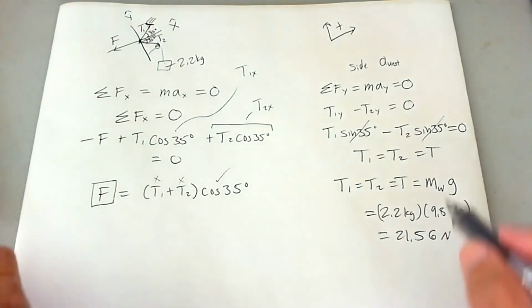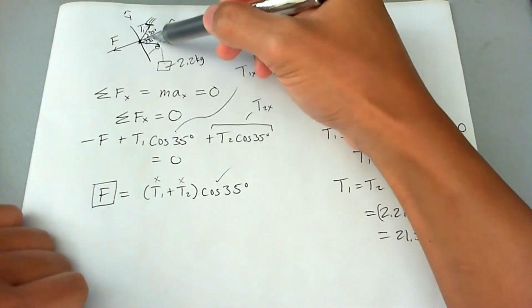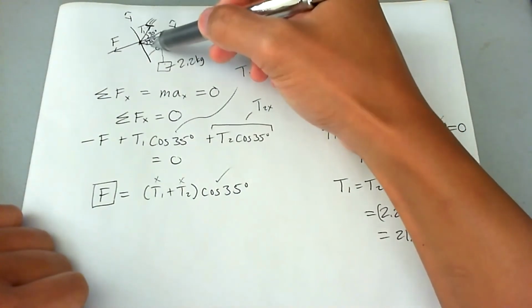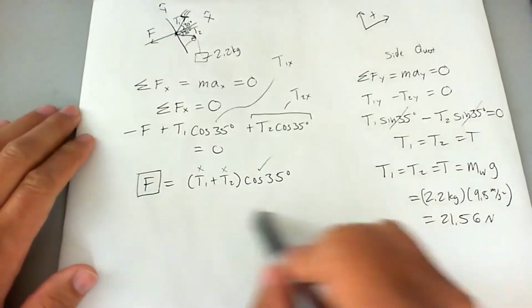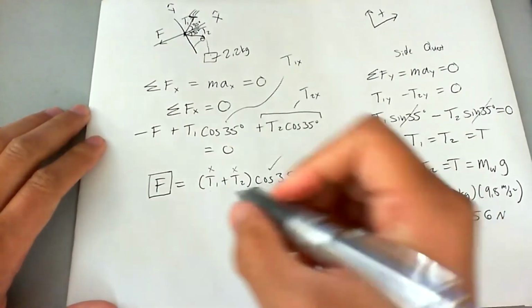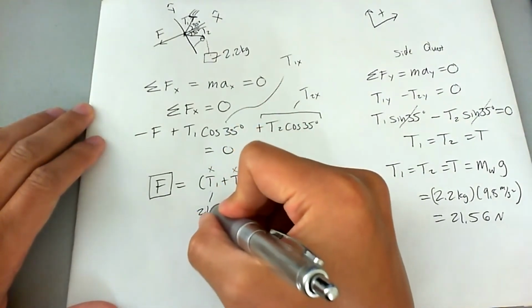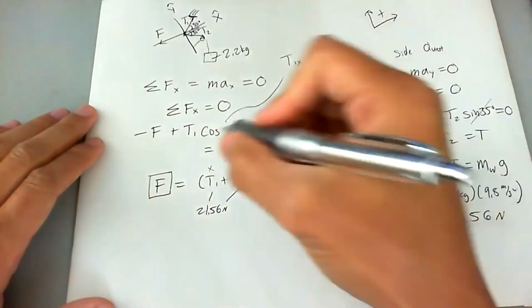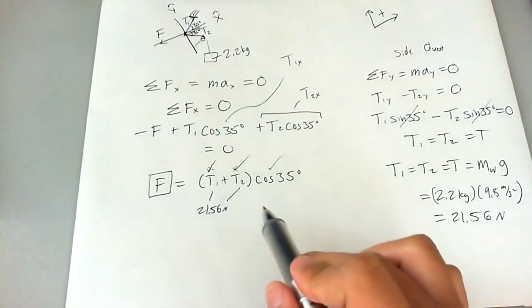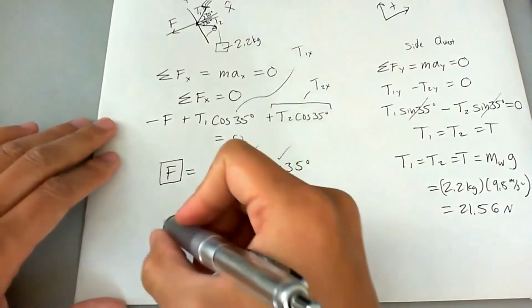Okay, and that's going to be each tension that you see on this rope here. Now, looking at this, we know what T1 and T2 is. They're both going to be 21.56 newtons, and cosine 35 is now given. So now we have all the pieces we need in order to finally solve the problem.